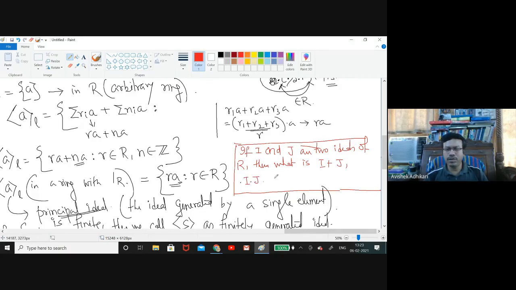You need to define these two operations, plus and dot, over the ideals so that both of them also become ideals of R. I think that part is not very difficult. You can study from any of the books, then you will be able to understand what it means.